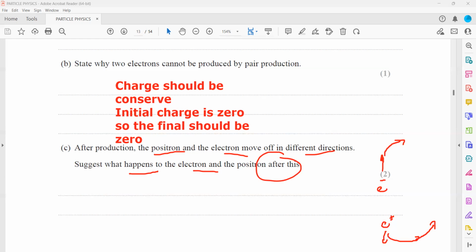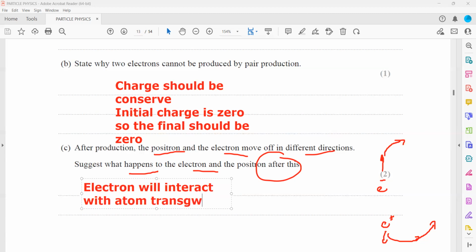Annihilate means when matter converts into energy. When a particle and antiparticle interact, we call that annihilation. So what will happen? The electrons will interact with atoms and transfer energy. That is one possibility.